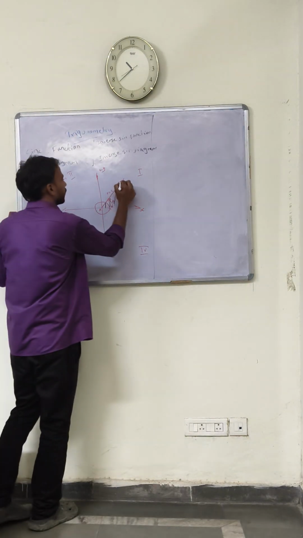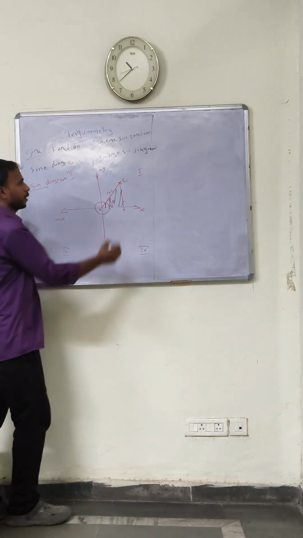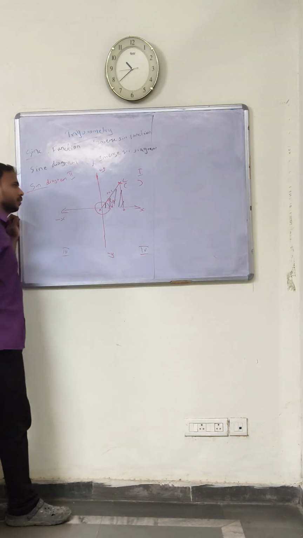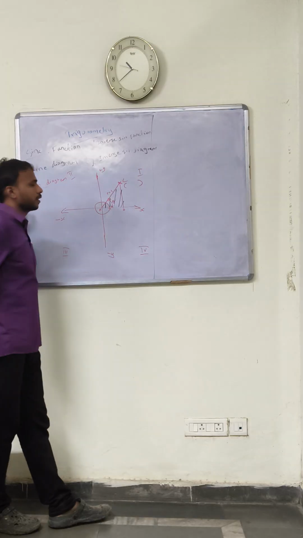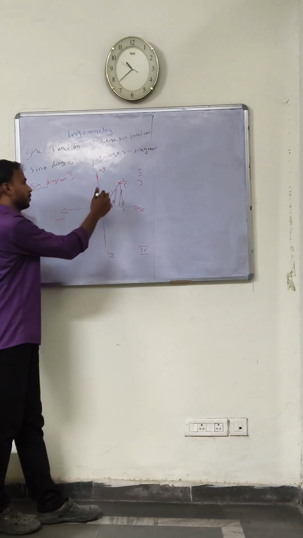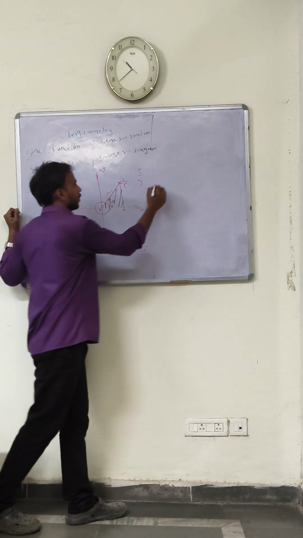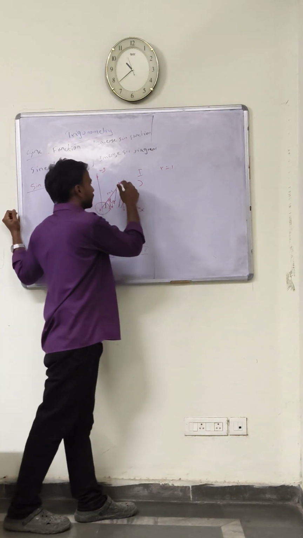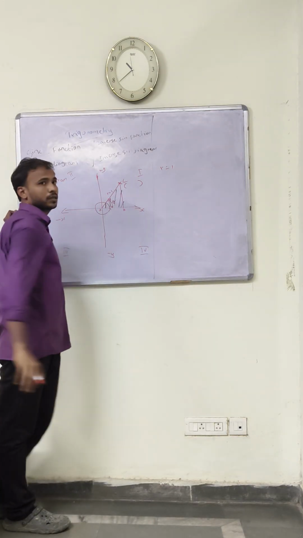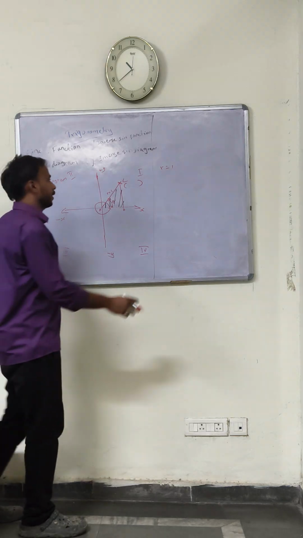So what about this point in x and y? Can you write that? In x and y, what is the value? I already told you r equal to 1. So I need to identify the x, y. Then only I can mark the coordinate, right?